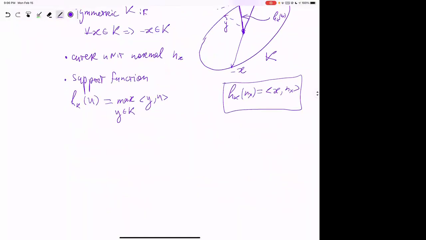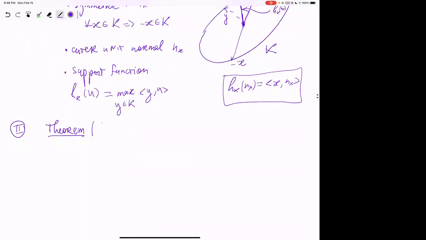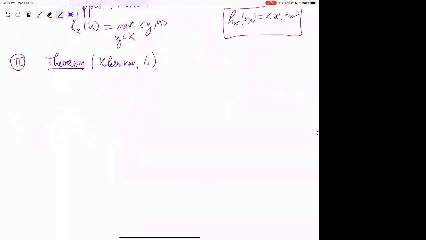Okay, so if there is no question, let me just start by stating a theorem, the first theorem. And like I said, my plan is to state it, to prove it, and then to explain what the heck is going on.